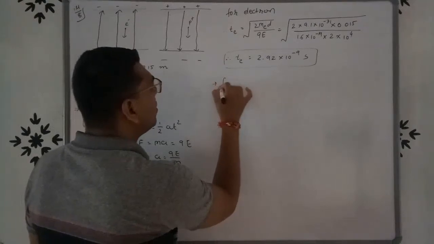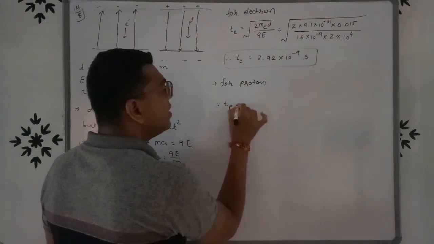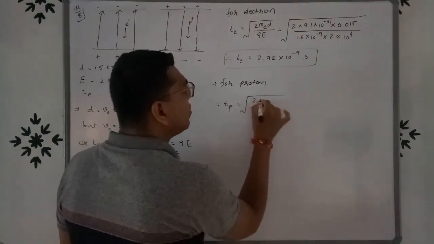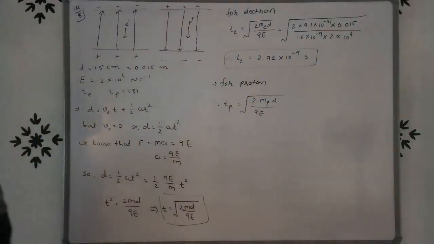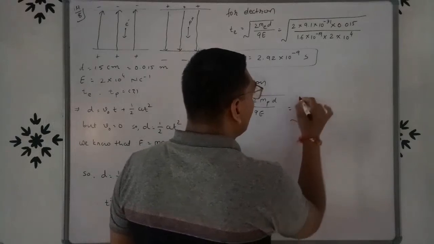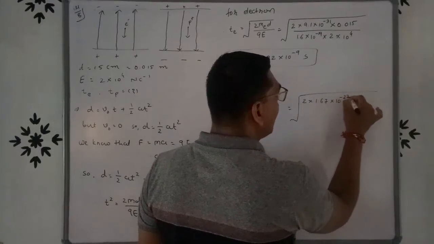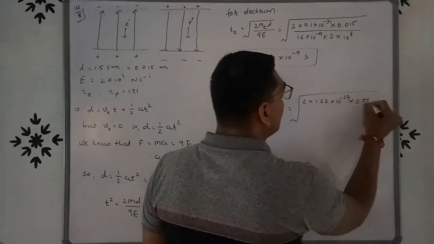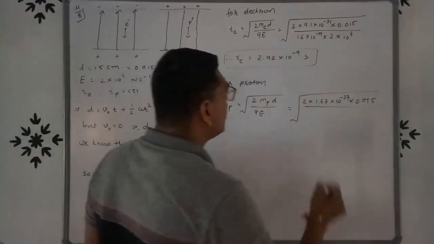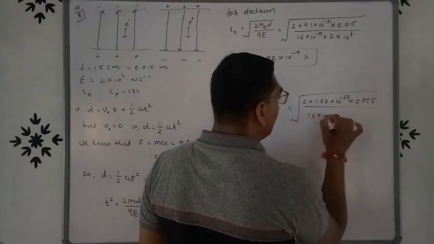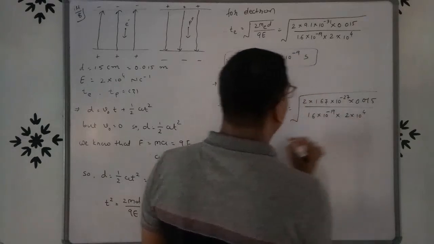Now for proton, TP is equals to square root of 2 mp d upon QE. So under root of 2, mass of proton 1.67 into 10 raised to minus 27, distance is 0.015, and Q, charge on proton 1.6 into 10 raised to minus 19, and the value of electric field 2 into 10 raised to 4.